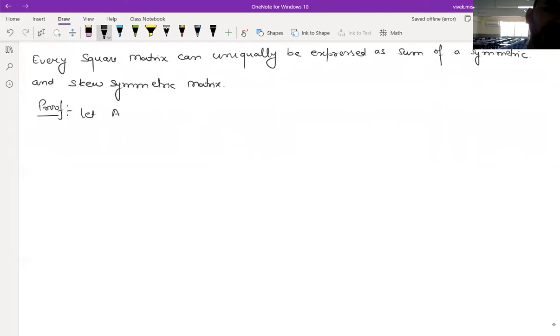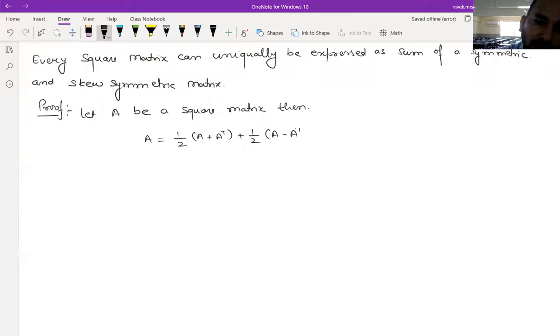So let A be a square matrix। ठीक है, हेलो, all of you please pay attention, क्योंकि क्वेश्चन है एवरी स्क्वायर मैट्रिक्स एंड इफ यू डोंट अंडरस्टैंड दिस यू विल नॉट बी एबल टू सॉल्व द प्रीवियस क्वेश्चन व्हिच इज गिवन बेस्ड ऑन दिस रिजल्ट। So let A be a square matrix, then I can write A is equal to 1/2 (A plus A transpose) plus 1/2 (A minus A transpose).